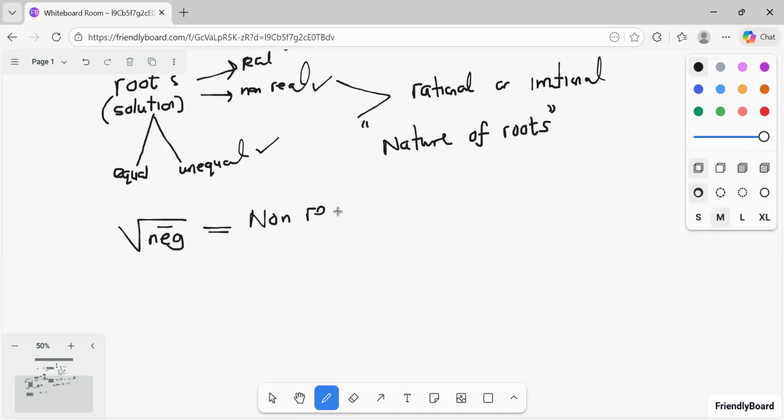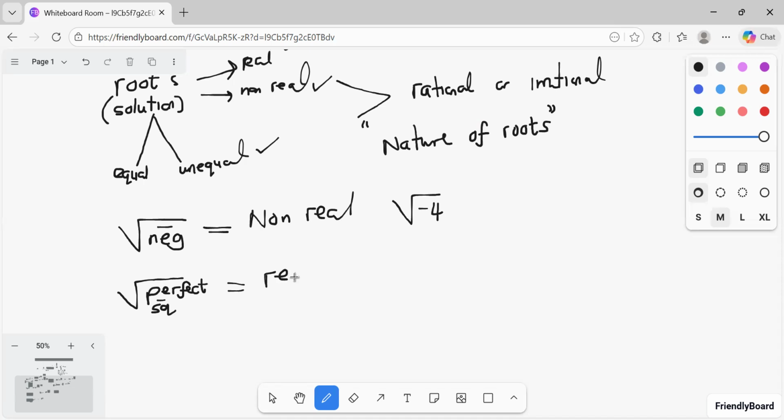For example, if I say square root of -4, this is non-real. Then the square root of a perfect square is real.